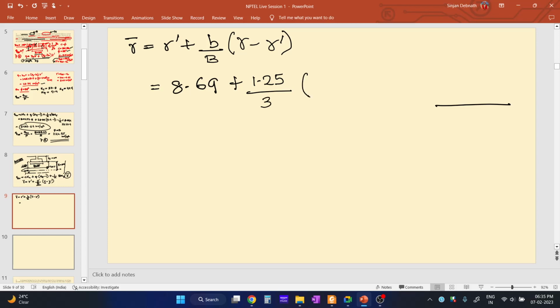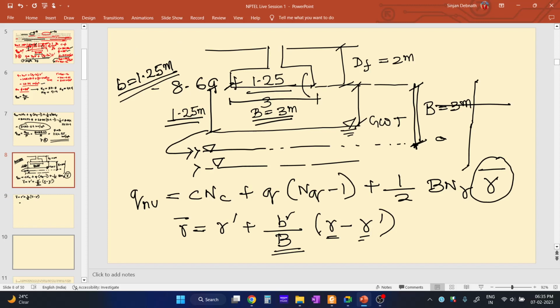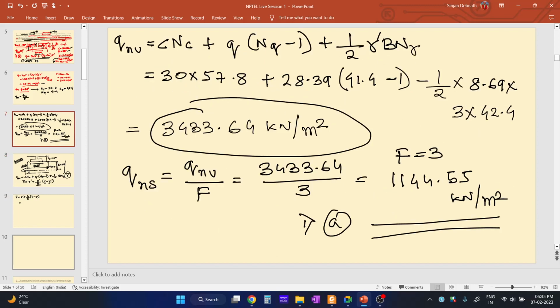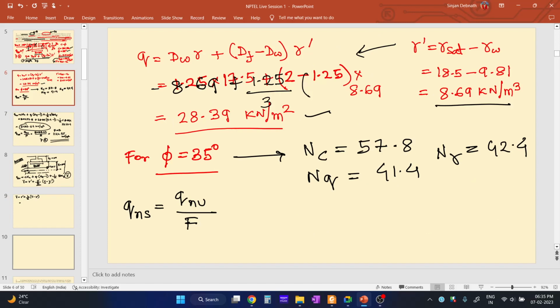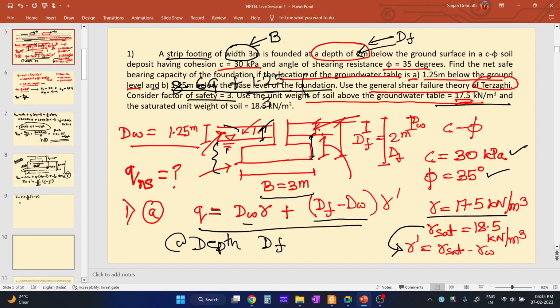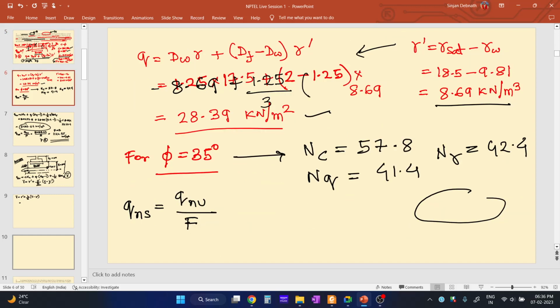And what is gamma? That is the unit weight of the soil above the groundwater table. I have written 17.5.